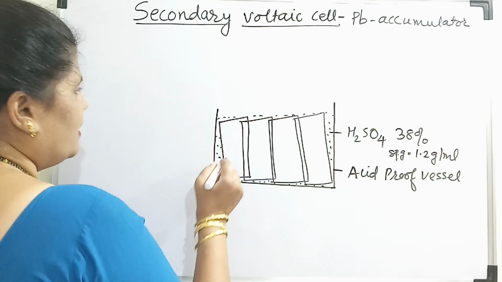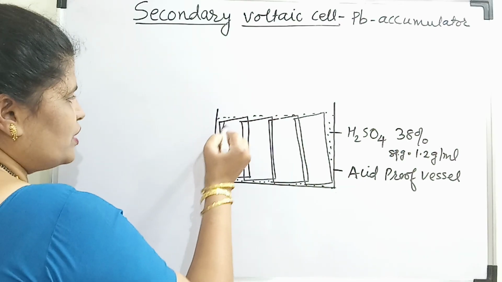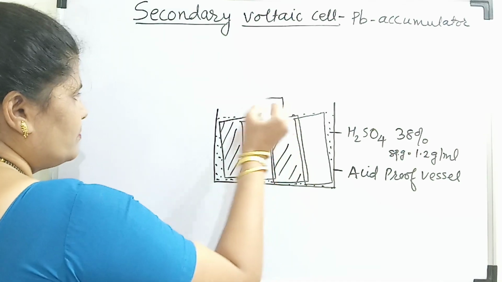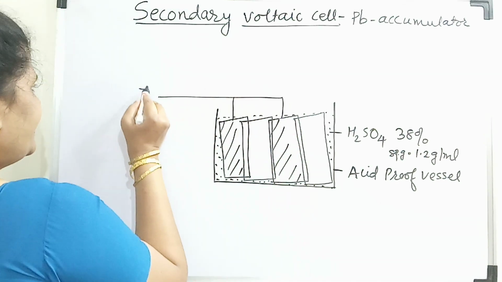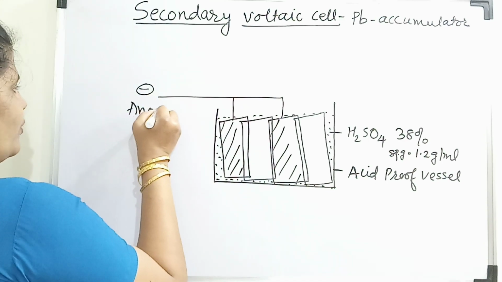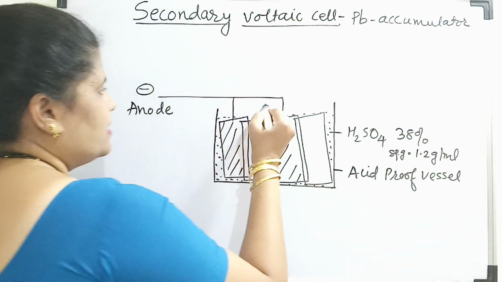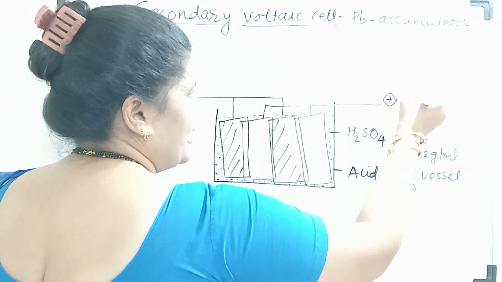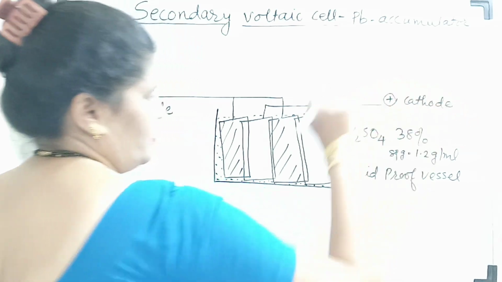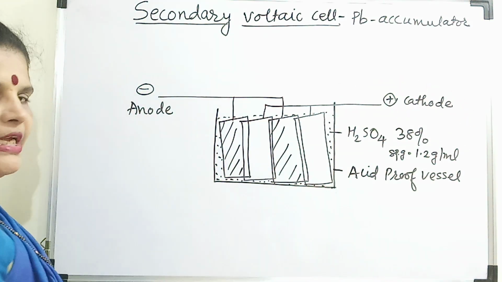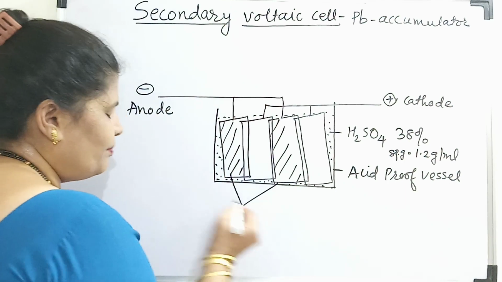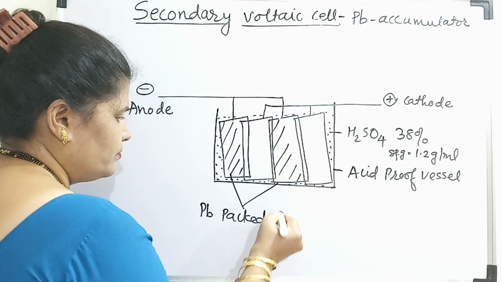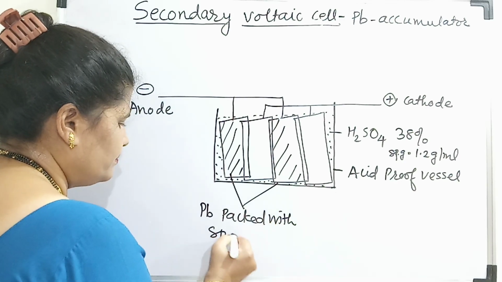to get a good electrical output. Now, the first plate and the third plate, I will connect them as the negative terminal and I'll call this the anode. The second and the fourth plate, I'll connect them as the positive terminal and I'll call them the cathode. What are the first and third plates made of? They are made of lead packed with spongy lead.